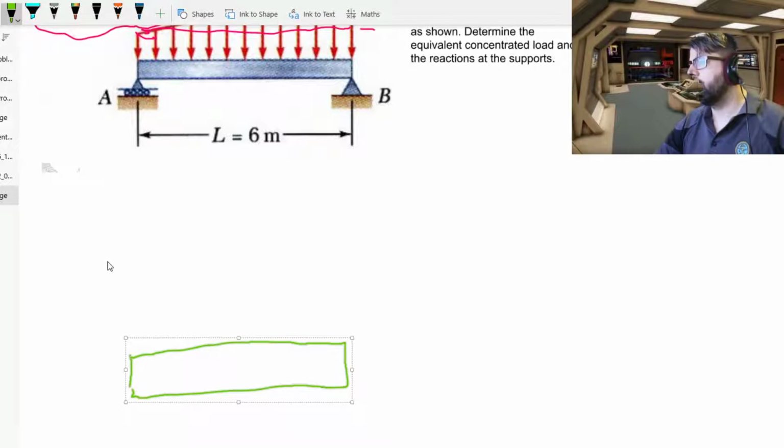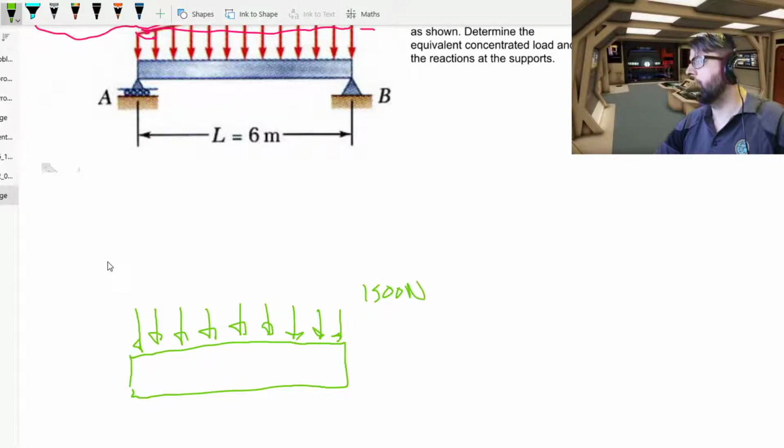Here, I'll put the uniformly distributed load in green. I didn't realize I'd change this to color my box there too. Oh well. So that one will be the 1500 newtons per meter. And then let's have a blue one here. So I'll have a blue.